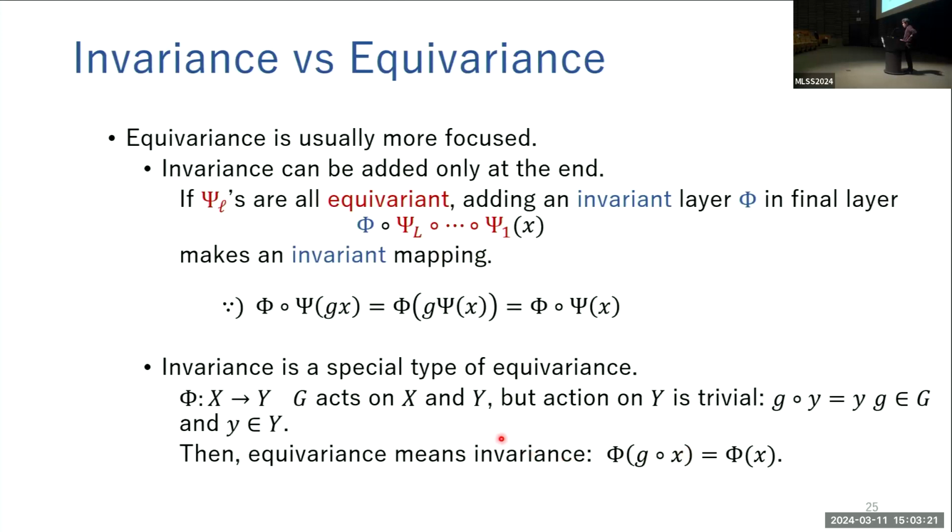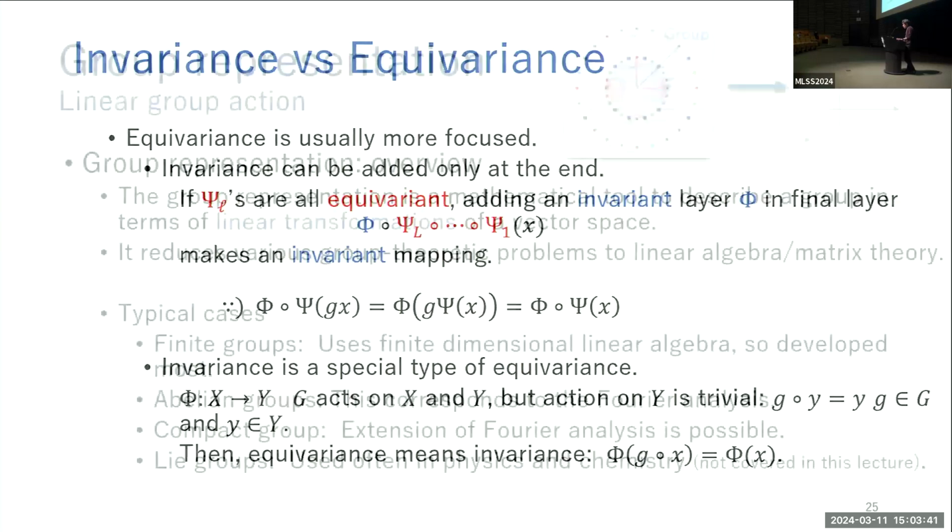Then equivariance of this mapping means that this is just an invariance. So for these reasons, people often talk about equivariance rather than invariance.